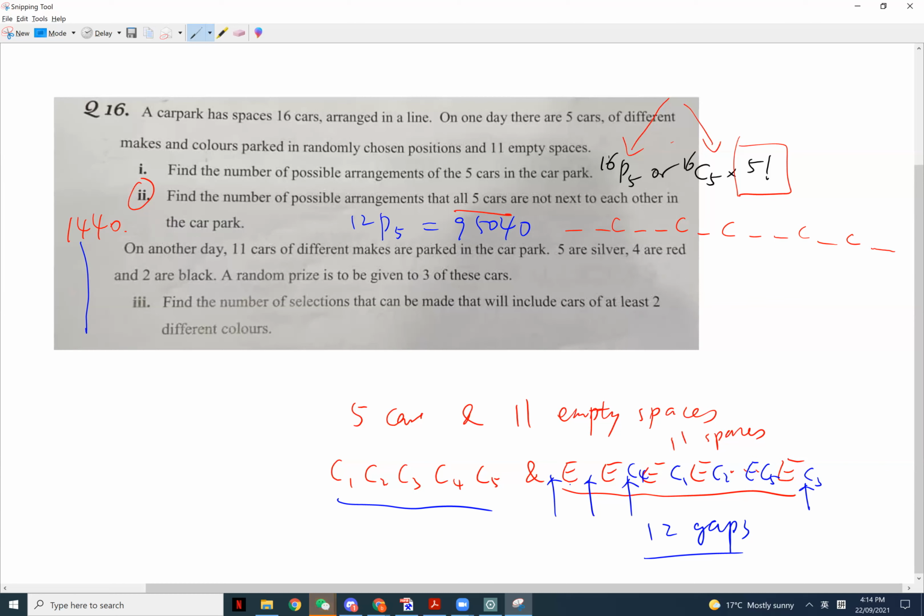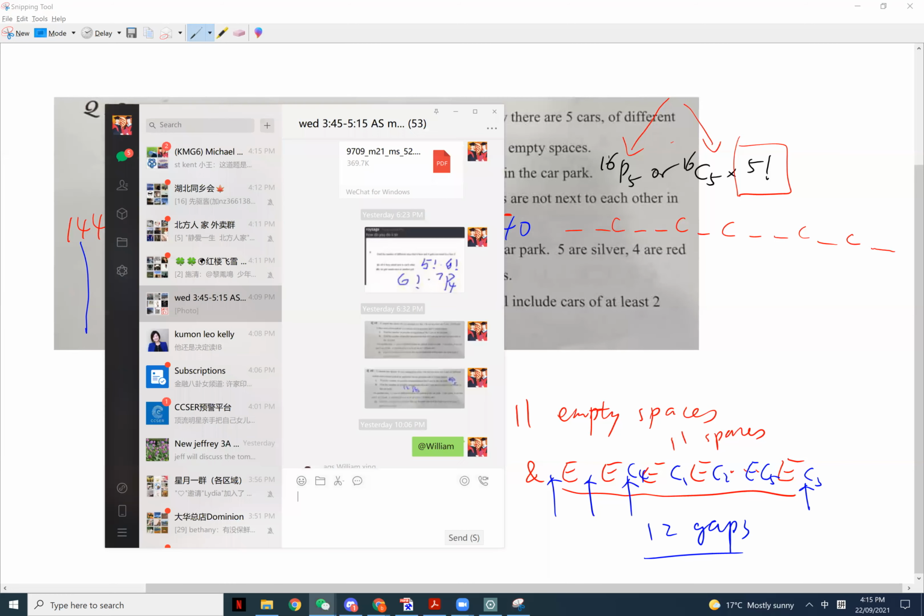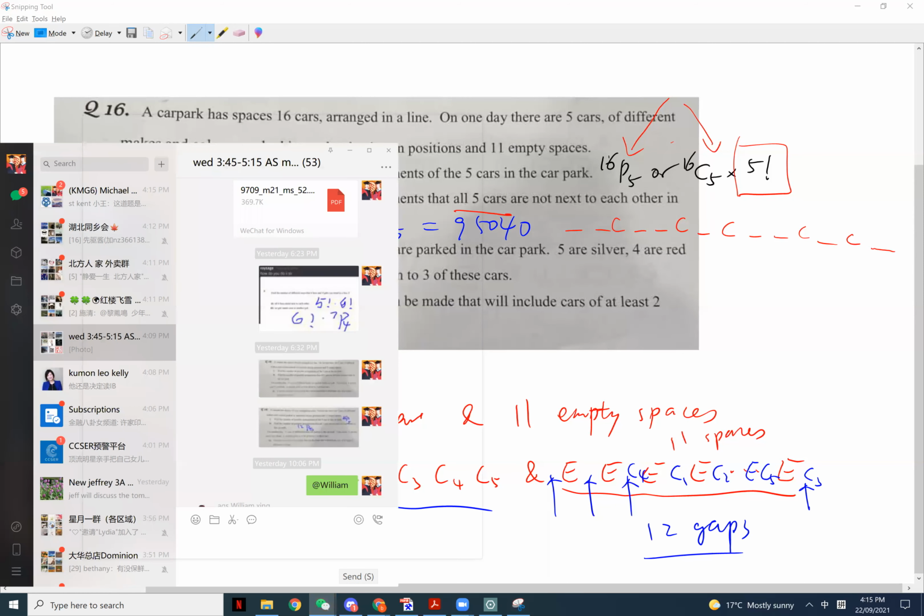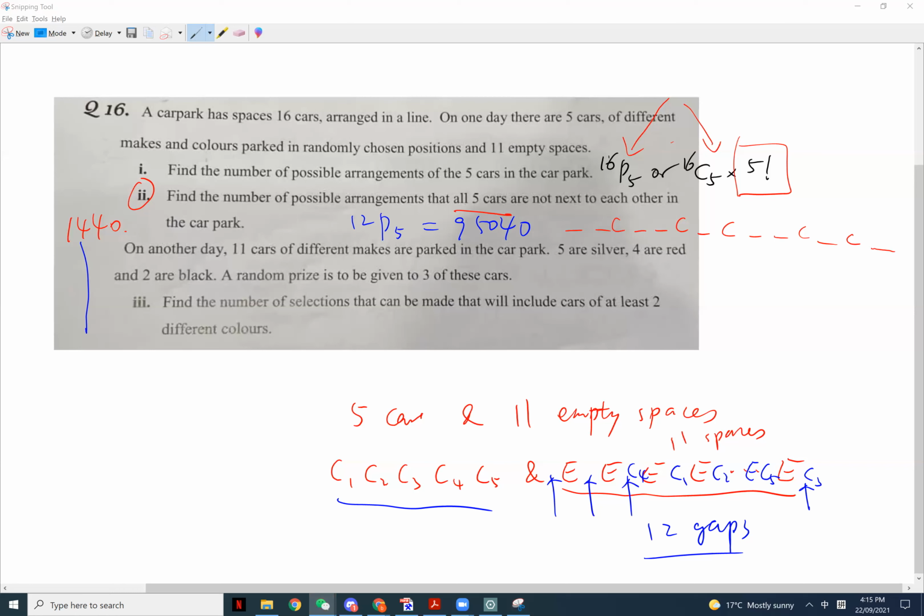It's really like you park the car in an empty space. Okay, this question is hard. Part I is hard.